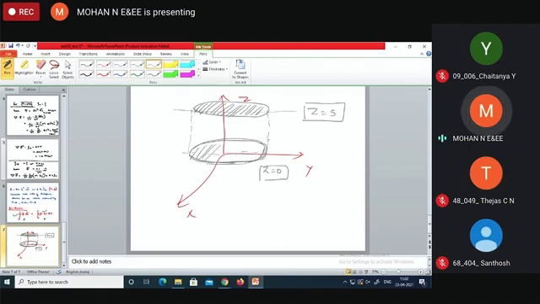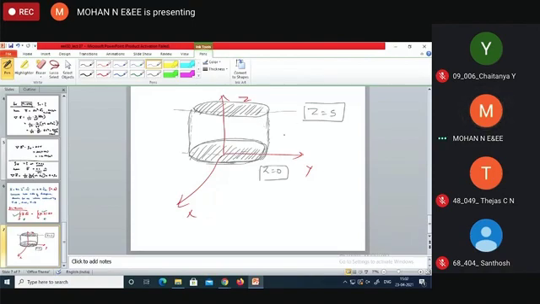And this is obviously a cylinder whose radius is r is equal to 2 units.